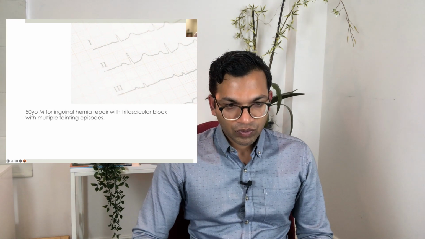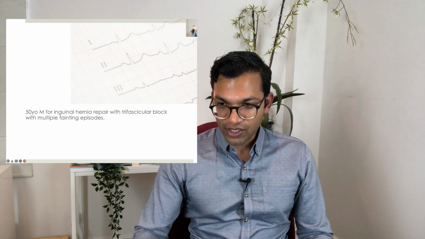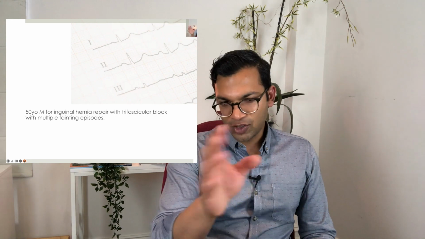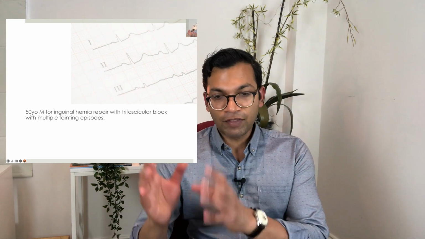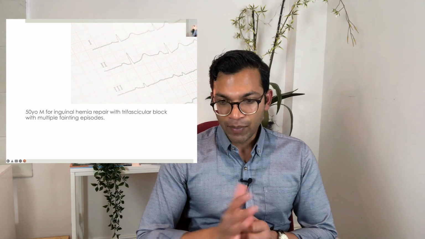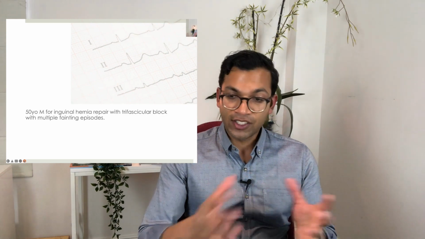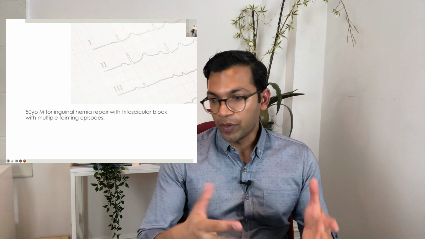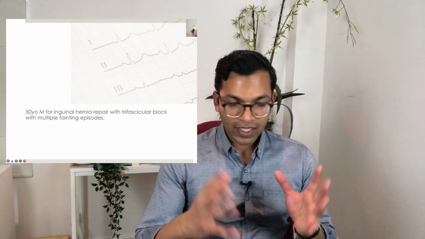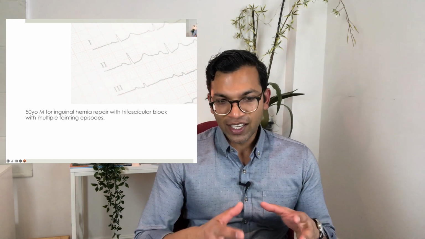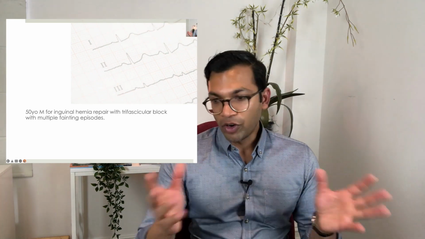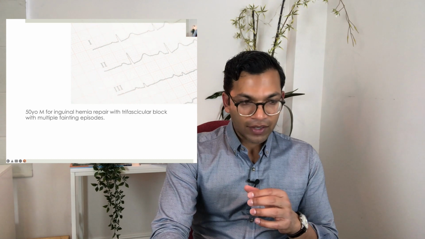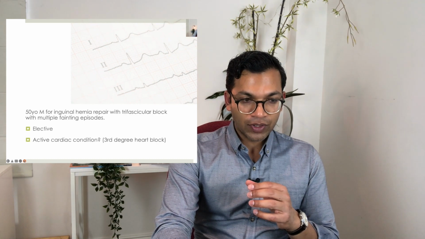With syncope. Exactly. So I've given you a complex trifascicular block, which is actually not an active cardiac condition, but the fact that I've said multiple fainting episodes means what someone said in the chat. Essentially, this is going into third degree heart block. So you want to be really worried about this. Again, as a medical student, anytime you see a really high degree, like a trifascicular or any second degree or above heart block, you're worried about that. So yeah, at that point, it's elective and you refer.